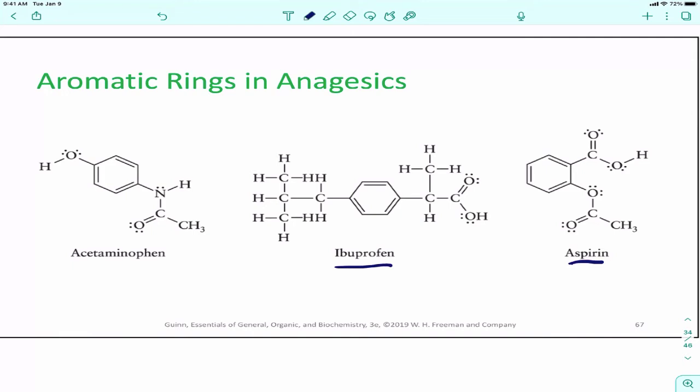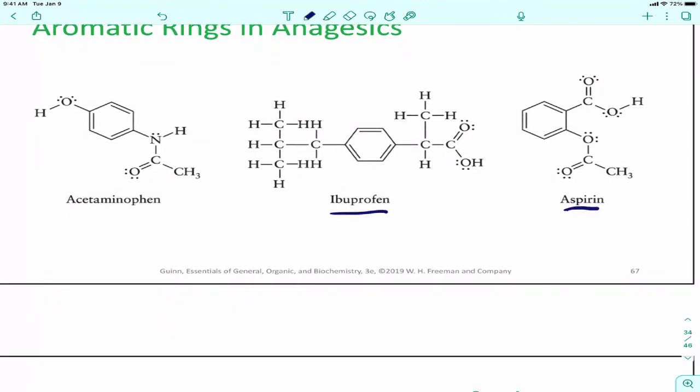It turns out that the compound being released was salicylic acid, almost like a precursor to aspirin.